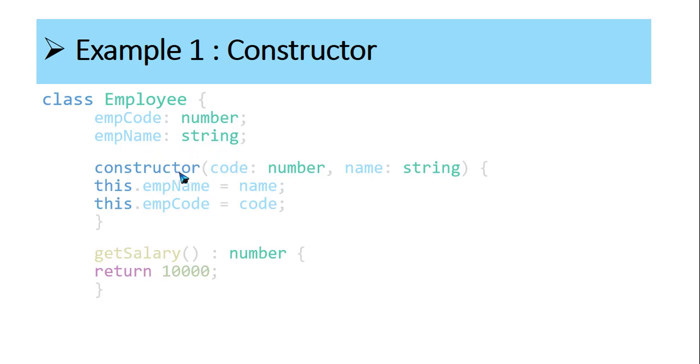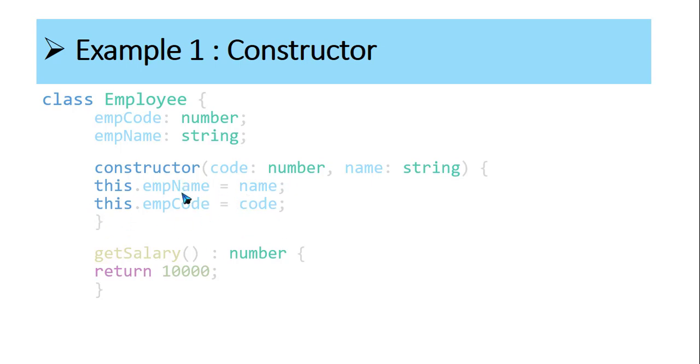Now how to define a constructor in TypeScript? Here we don't use the name of the class, we directly use constructor as a keyword. Then code colon number, comma, name colon string, these are the formal arguments. Now this.empName is equal to name, and this.empCode is equal to code.